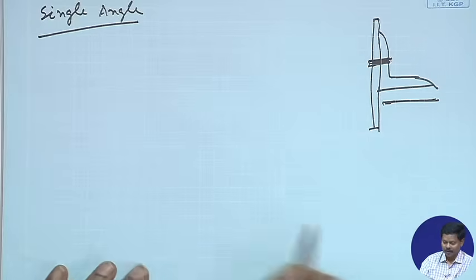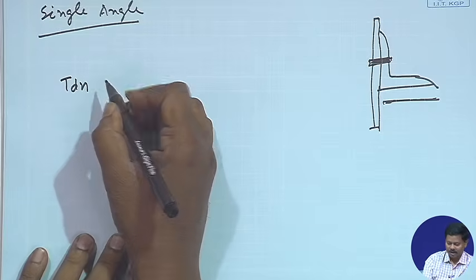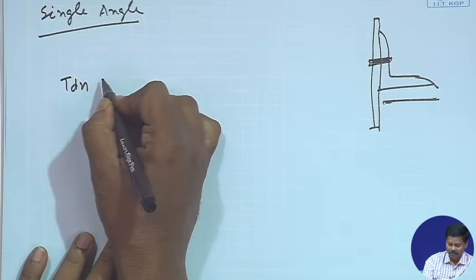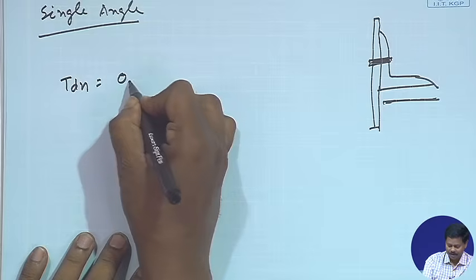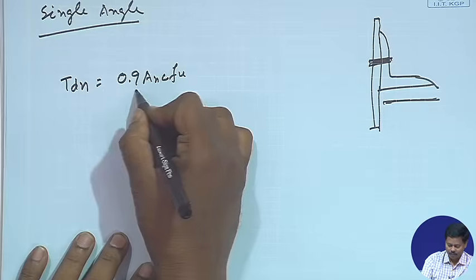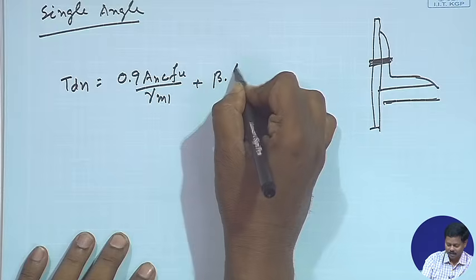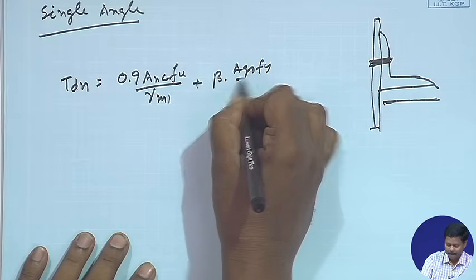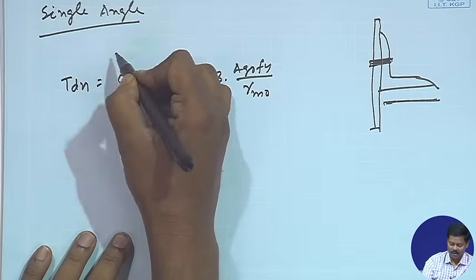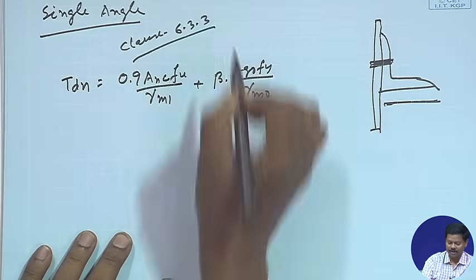Therefore, we have to calculate the TDN value taking care of the shear lag effect. This TDN value can be calculated from the formula 0.9 Anc Fu by gamma m1 plus beta Ago Fy by gamma m0, and you can find this in clause 6.3.3 of IS 800:2007.